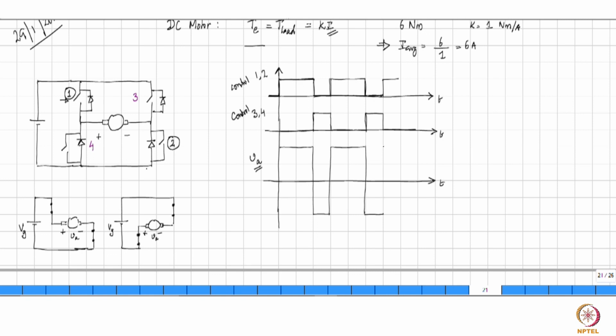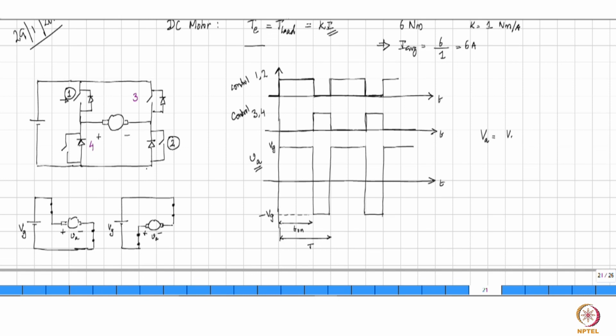So you keep going like this, right? Let's call this duration T on and this duration capital T. So the level here is Vg and the level here is minus Vg. What is now the average voltage that is coming across the motor? VA, which is the average value of this lowercase va.